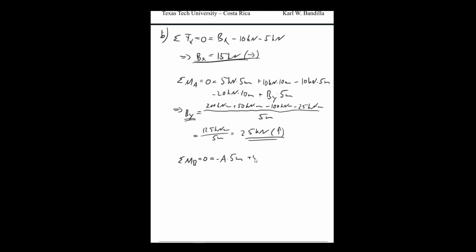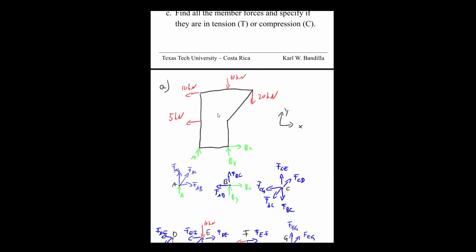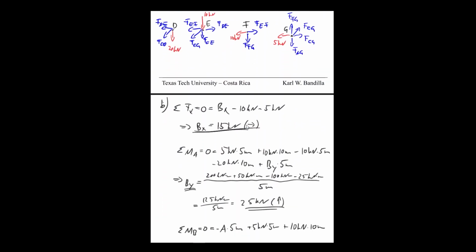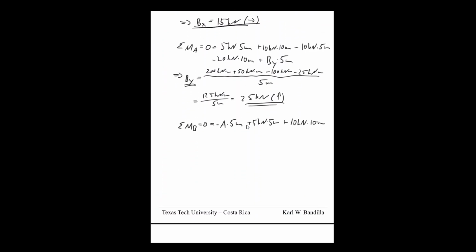So we have plus 5 kilonewton times 5 meters plus 10 kilonewton times 10 meters. That was these two. Now this one goes straight through B, doesn't have a moment arm. And then this one is now turning clockwise, so minus 20 kilonewton times 5 meters.